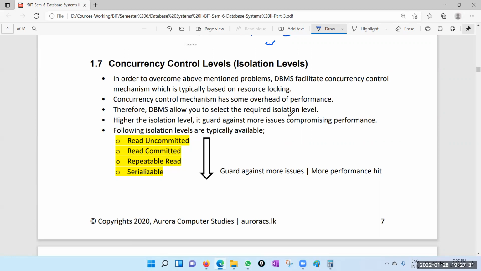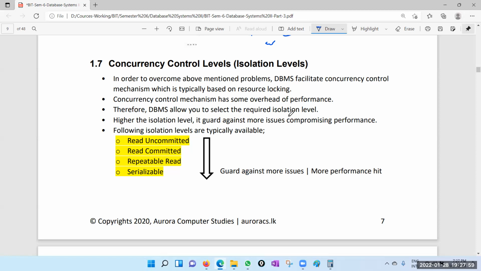It's a trade-off. If you want to do a lot of restrictions to have a lot of consistency, it is going to delay your transactions because we are going to prevent some concurrency. At the same time, if you try to make it very efficient, sometimes it may result in inconsistencies and other issues.